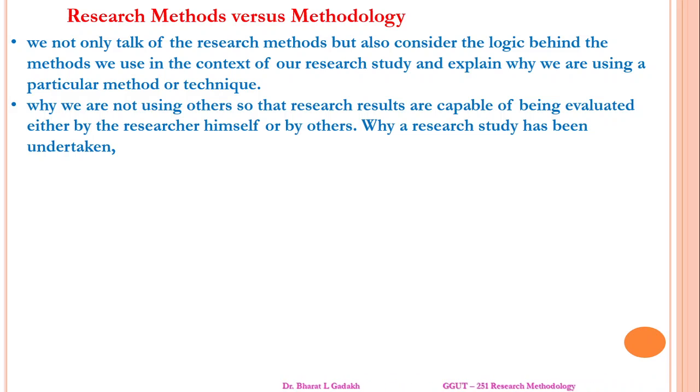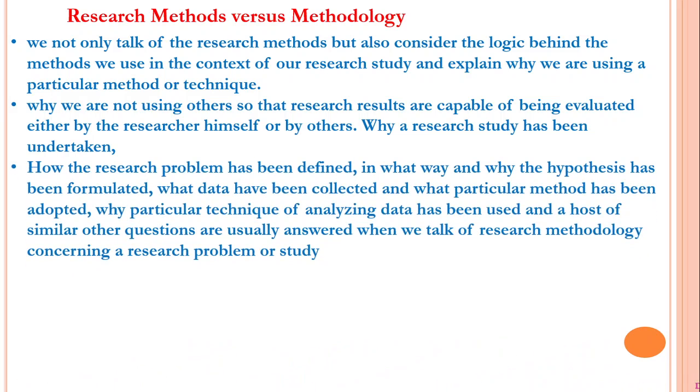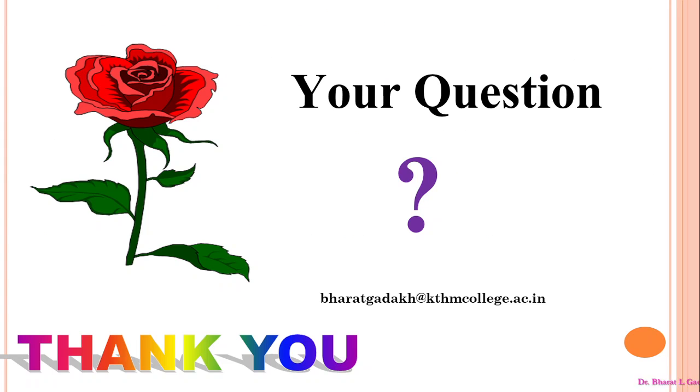Why the research study has been undertaken, how the research problem has been defined, in what way and why the hypothesis has been formulated, what data have been collected, what particular method has been adopted, why a particular technique of analysing data has been used, and a host of similar questions are usually answered when we talk of research methodology concerning a research problem or study.